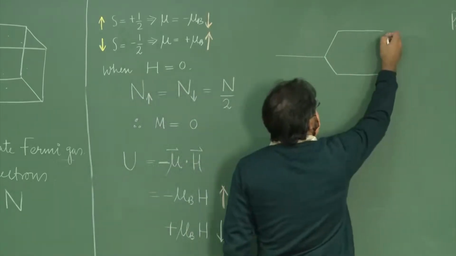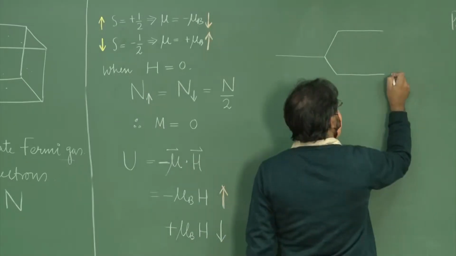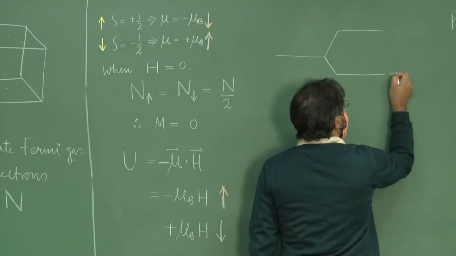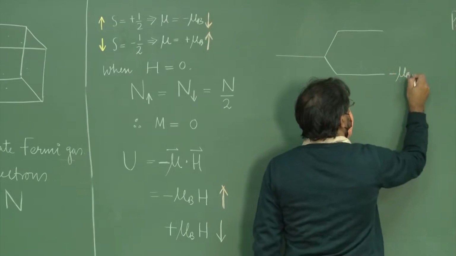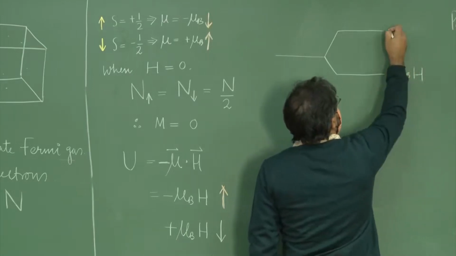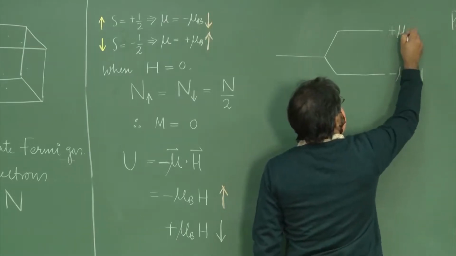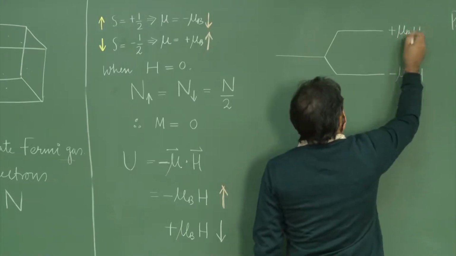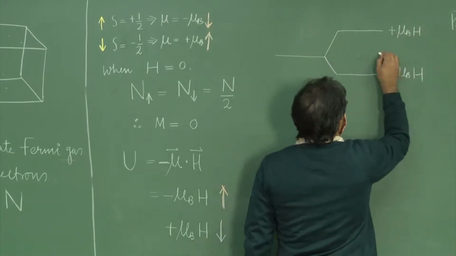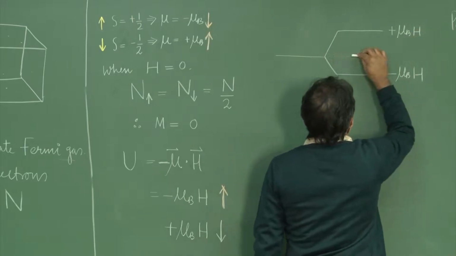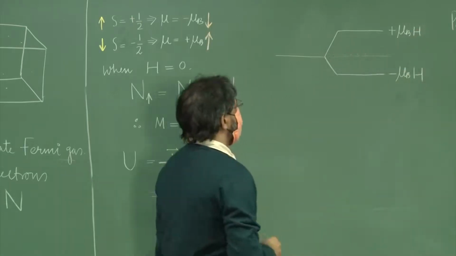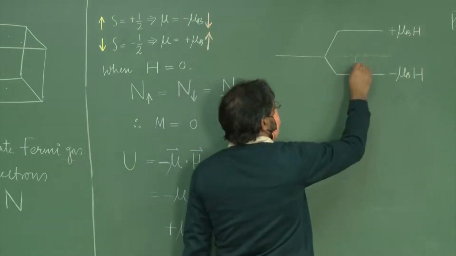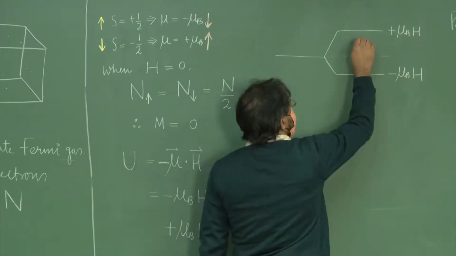So this energy is minus mu b h. This is lowered, and this energy is plus mu b h. This is measured from the neutral line, right? So this is minus mu b h, and this is plus mu b h.